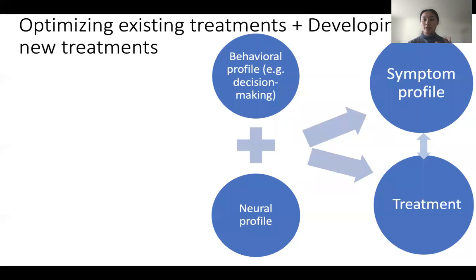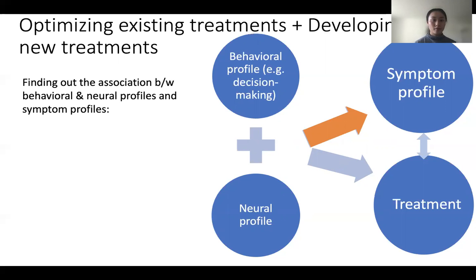This is a schematic representation of what this line of research aims to do. If we establish a relationship between symptom profile and the associated behavioral and neural profile, and we also know that certain symptom profiles predict certain kinds of treatment response, we can actually understand the symptoms better, right?